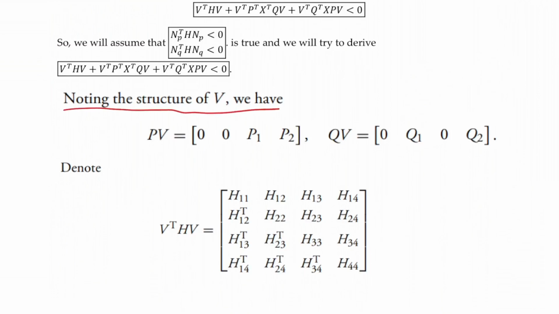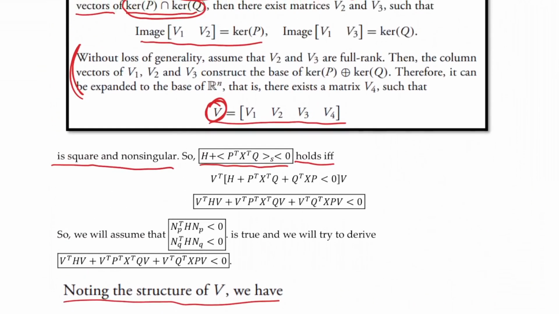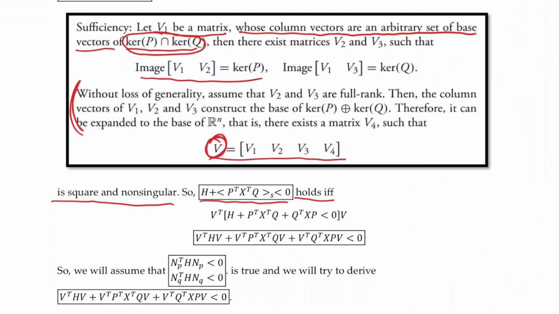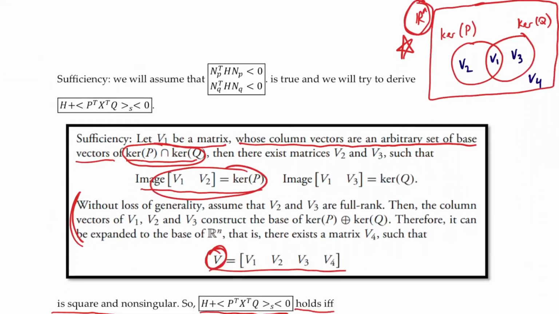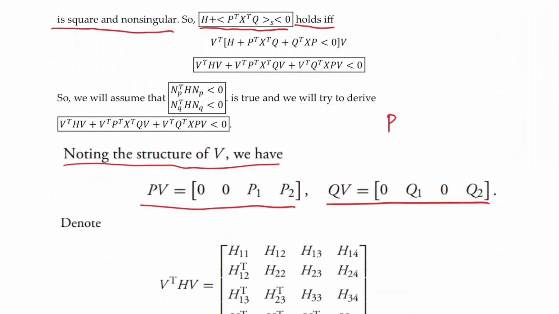Noting the structure of V, we have these expressions, and this directly follows from the structure of V, right? Here you can see, and let me just show that. Like P, V1 and V2 equals 0, right? And by looking at it, let's partition the 0 matrix.